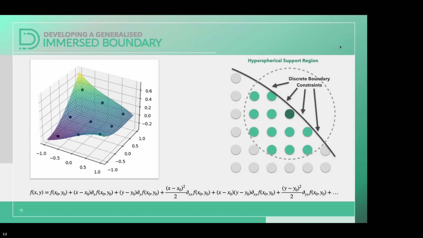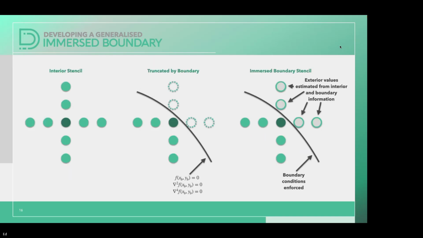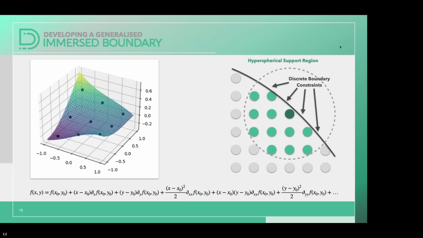Well, if we're on a finite difference grid, this dark point right here is the same as the dark point in the previous slide. We want to apply the stencil at this point, so we extend a circular support region around this point, and we grab all of the interior grid values within this.